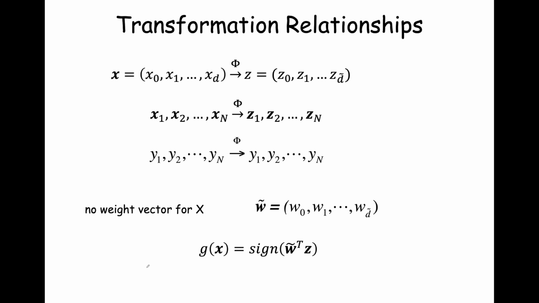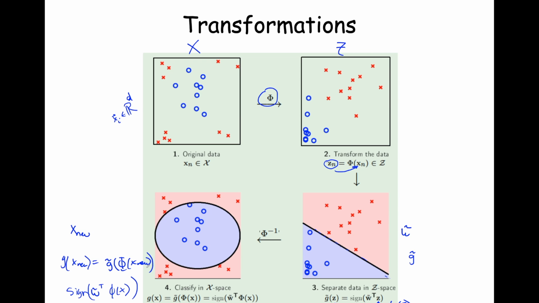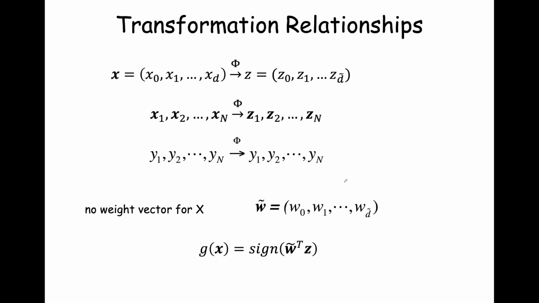Okay, so let's take a look at relationships for this transformation. For every vector x, you have a corresponding vector z. Now, this phi function can be a one-to-one mapping. And we saw that in the previous slide, we're going from a two-dimensional input space representation to a two-dimensional z-space representation. It can also be contractive, meaning that you decrease the number of dimensions as a result of applying this phi function. It can also be expansive. Because of this, we make no assumptions on the form of this phi function.